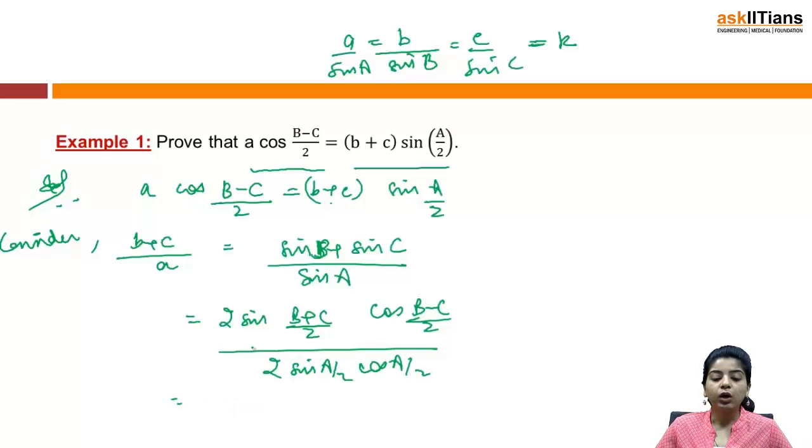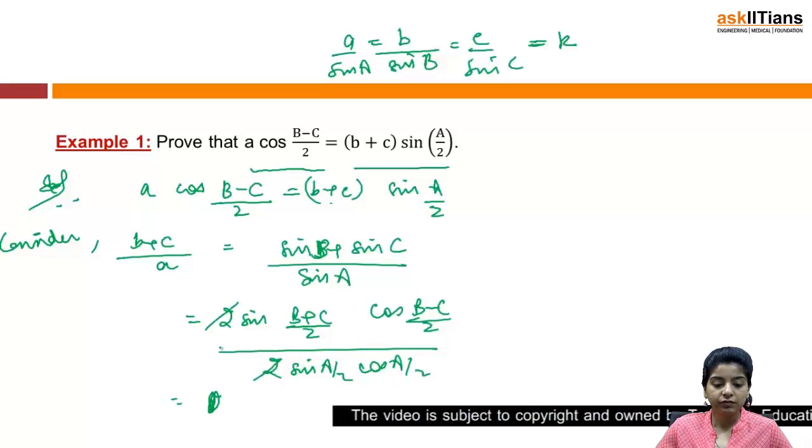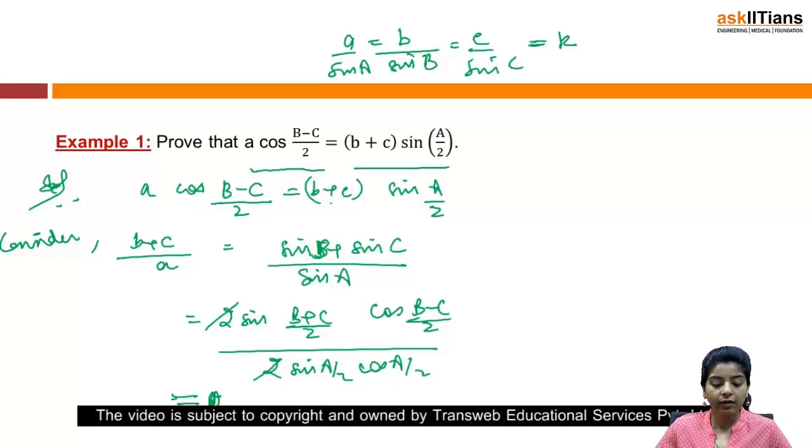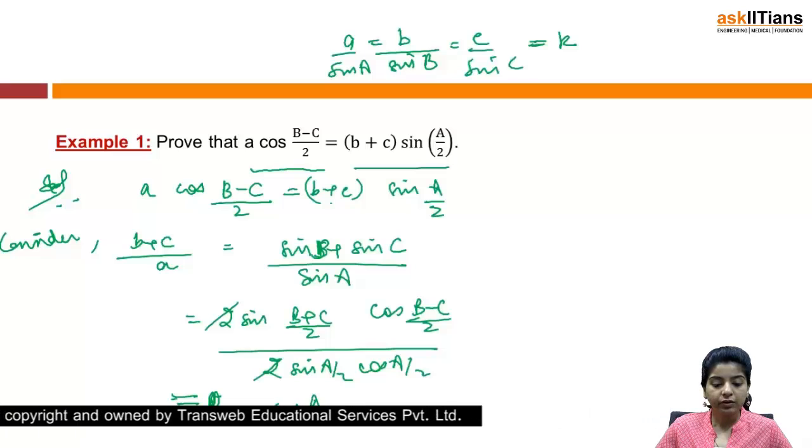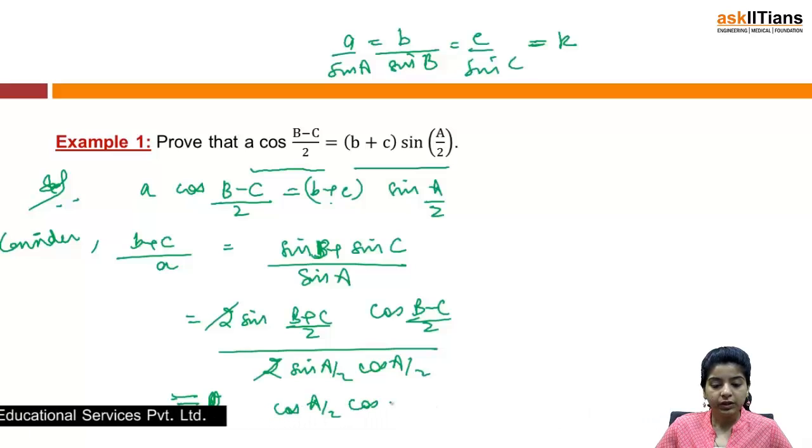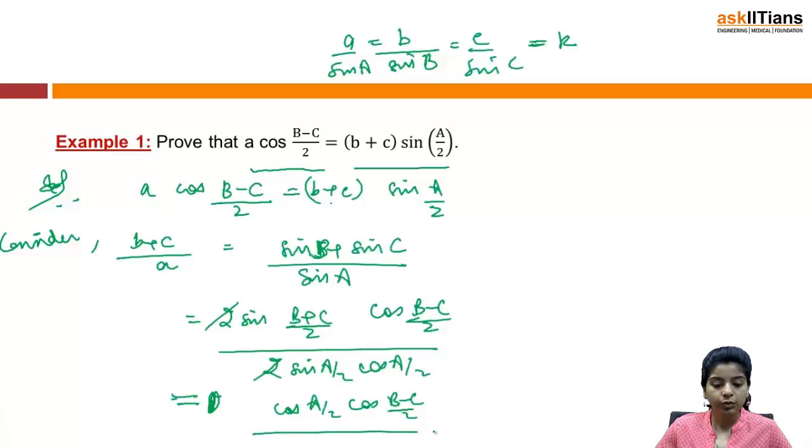Now A plus B plus C is 180, so this sine((B plus C)/2) can be written as cos(A/2). The 2 gets cancelled first of all, and then we have cos(A/2) cos((B minus C)/2) divided by sine(A/2) cos(A/2), right?